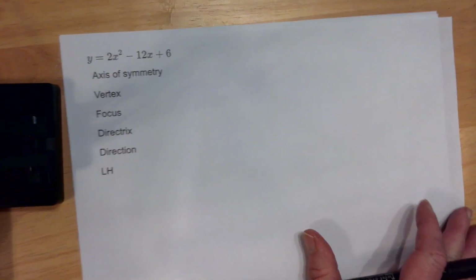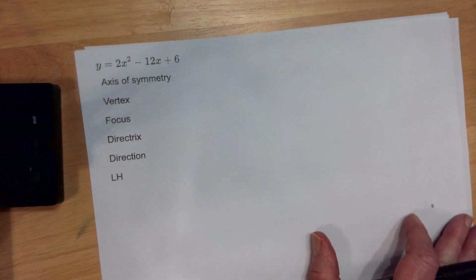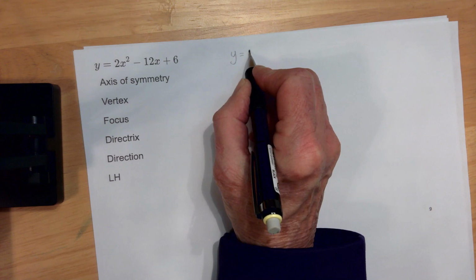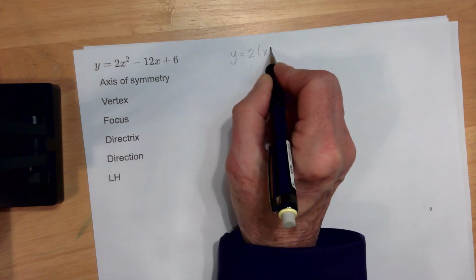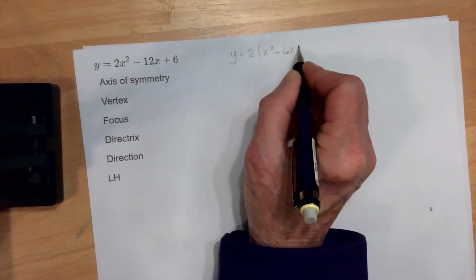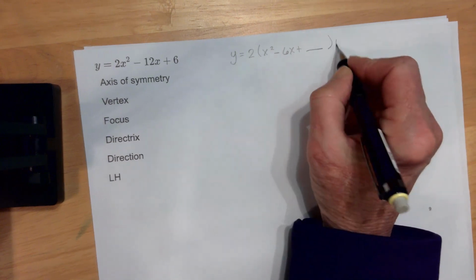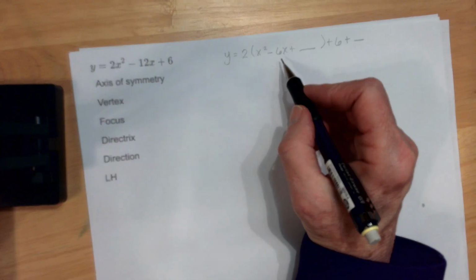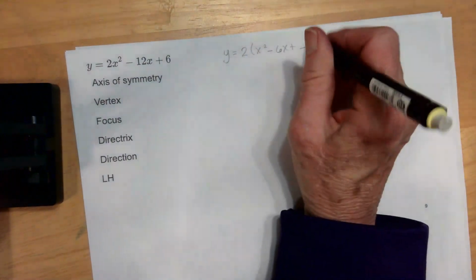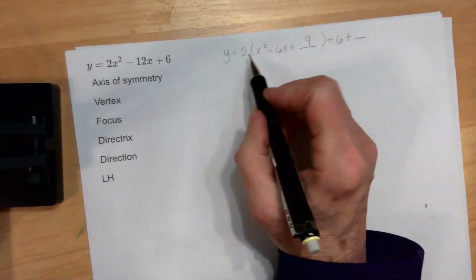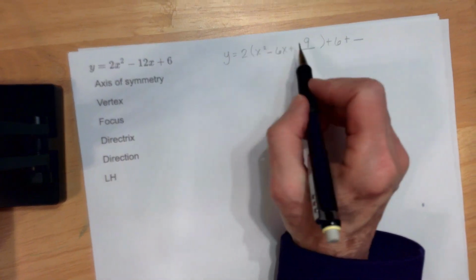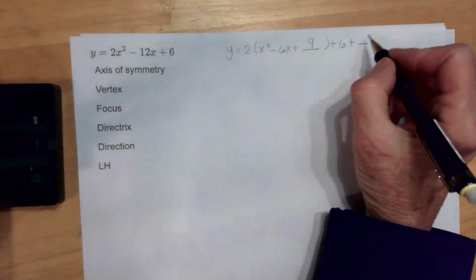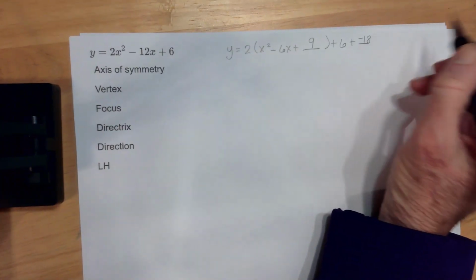All right, again, I've got to put it in the right form. So I have y is equal to, factor out the 2, x squared minus 6x plus blank plus 6 plus blank. So half of 6 is 3. 3 squared is 9. But I haven't really added a 9. I've added a 2 times 9, which is 18. So I have to add a negative 18 down here.